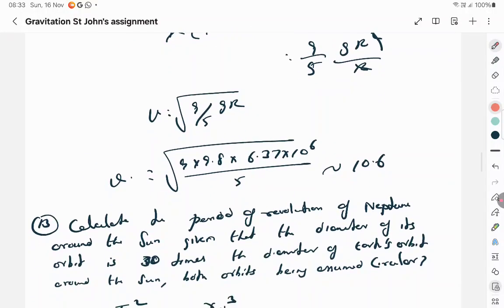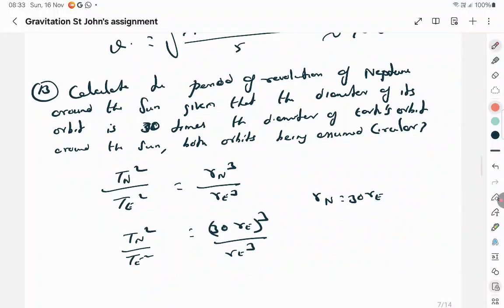Calculate the period of revolution of Neptune around the Sun, given that the diameter of its orbit is 30 times that of the diameter of the Earth's orbit. You know Kepler's law: T square is proportional to r cube. The T of Neptune the whole square is proportional to R of Neptune the whole cube. T of the Earth the square is proportional to R of the Earth the whole cube.